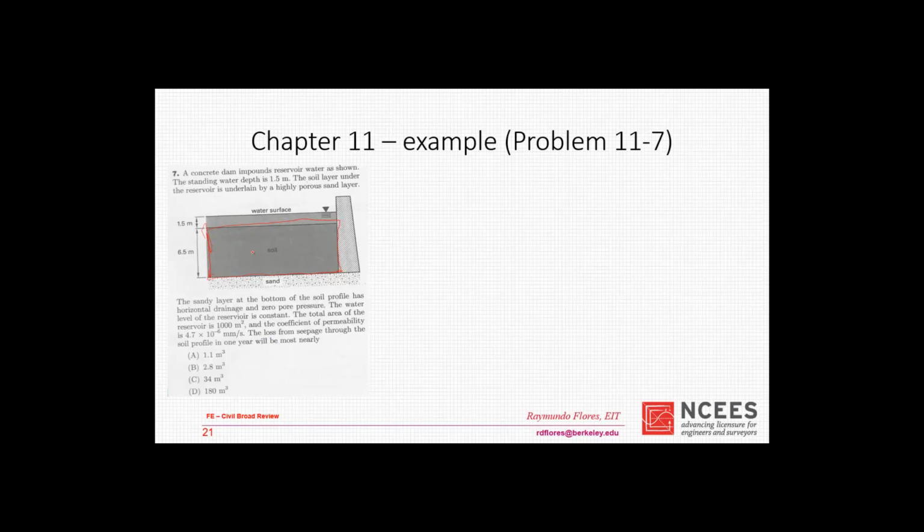Through the soil we have a certain discharge, and we're going to find out how much volume goes through that in 1 year. So let's determine what that is.